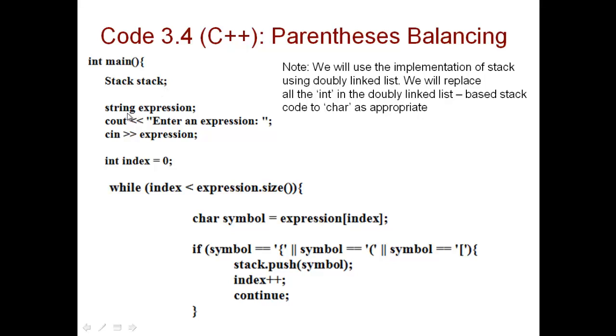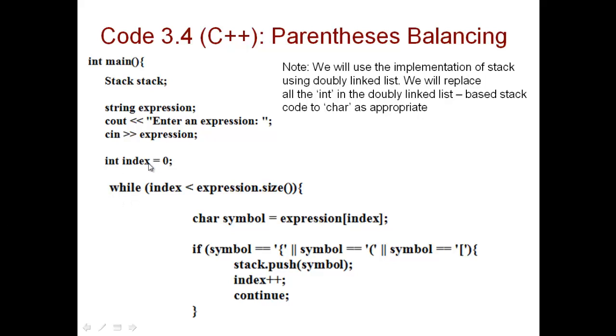Then this is a string expression, and I have to enter the expression. Now for this sequence of parenthesis symbols, I am assuming I am not having any space in between two symbols, so I could use the cin itself to input the expression. If you want to enter space in between two parenthesis symbols, you could use the getline function to input that string.